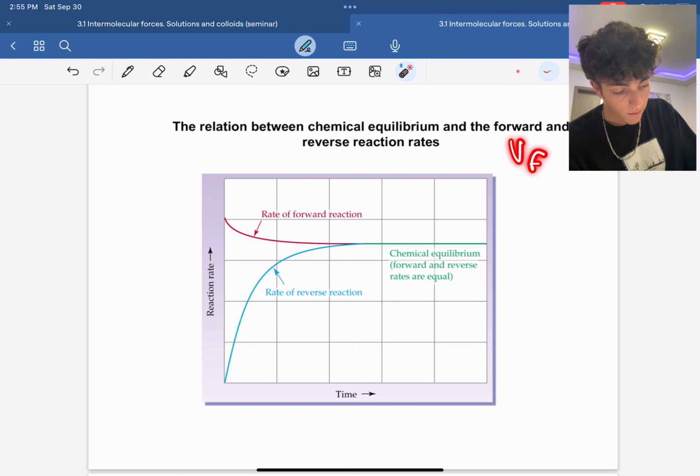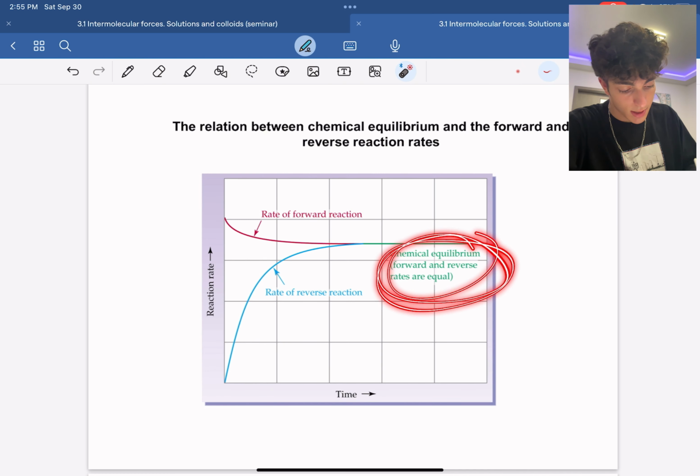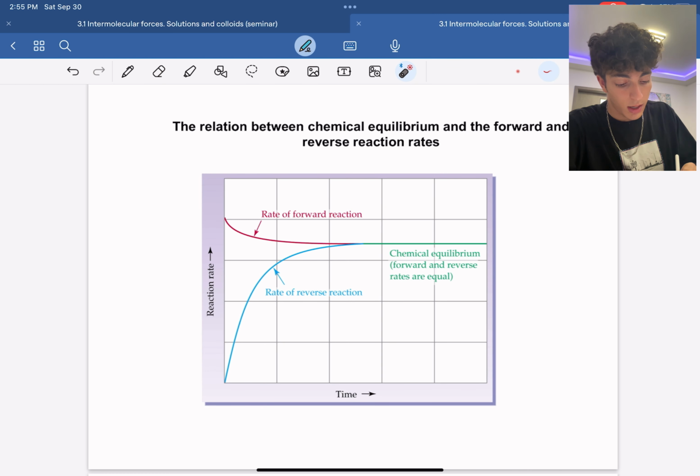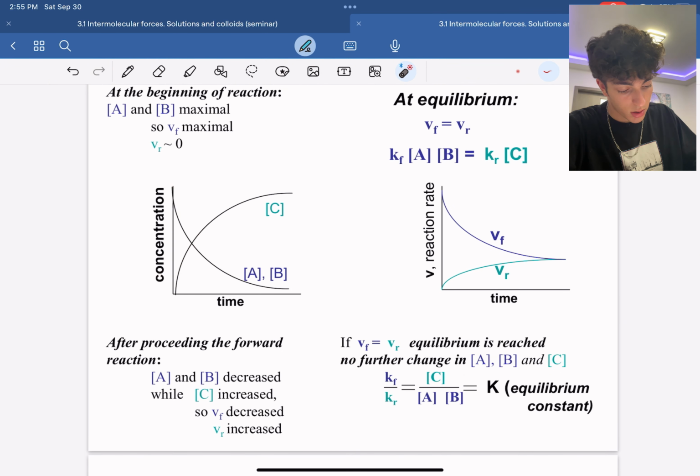As VF over VR equals 1, that means we are at equilibrium, right? Because the concentrations are not changing, and the rate at which the forward and reverse reactions take place are the same, okay? That is where you get chemical equilibrium. It can be shown like this for reaction time, or it can be shown with concentration.